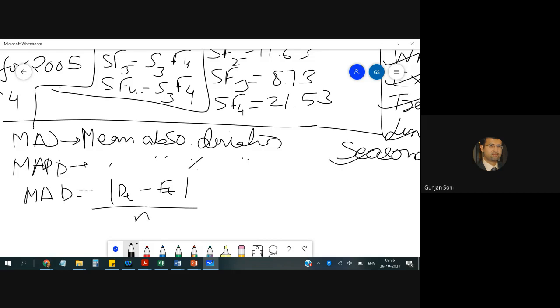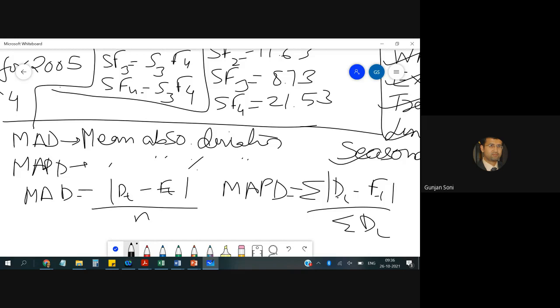So this is the mean absolute deviation, and mean absolute percentage deviation would be summation of |dt minus ft| by summation of d. So it is a percentage of the total demand. Sorry, I forgot to put summation over here. So that's how we can do that.